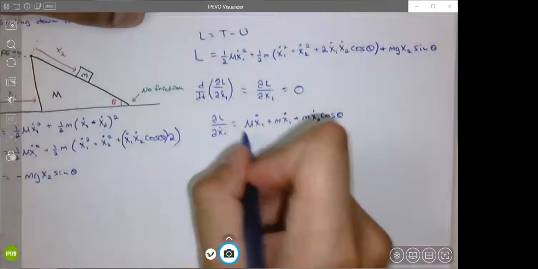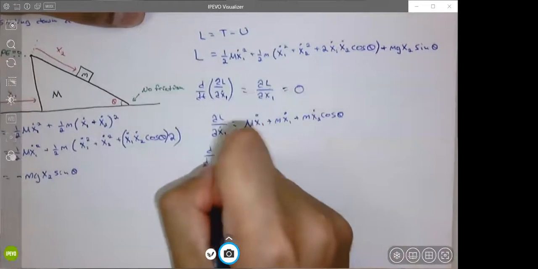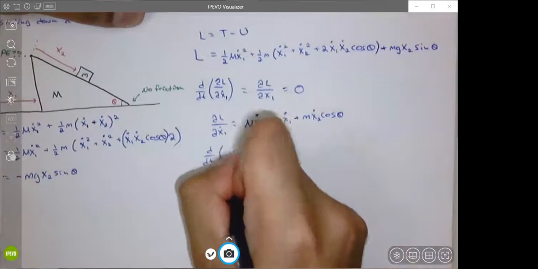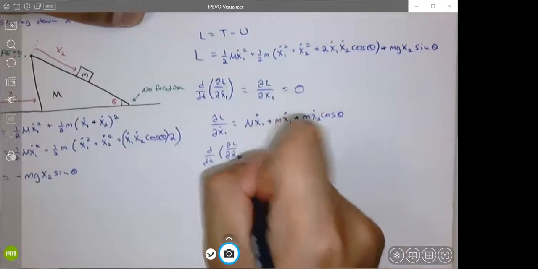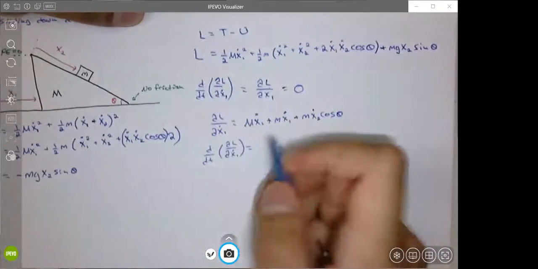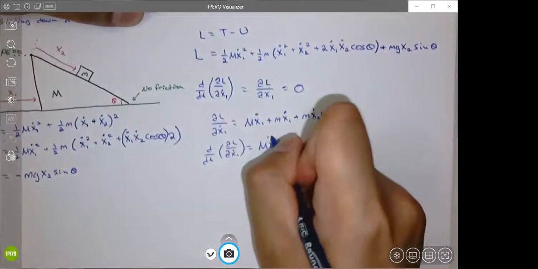And then we can take the time derivative of this term here. So d/dt of the partial of the Lagrangian with respect to x1 dot. Doing that, this becomes M x1 double dot, good.